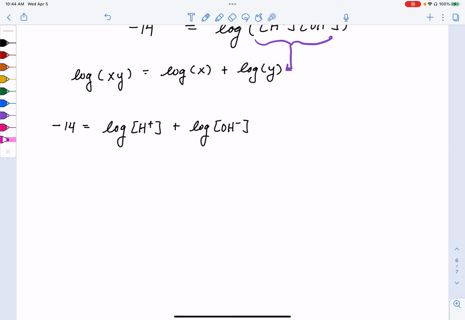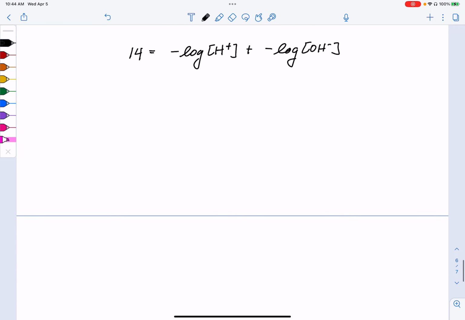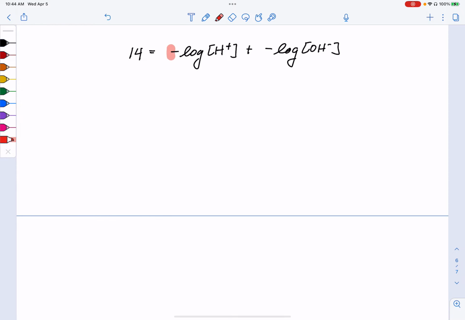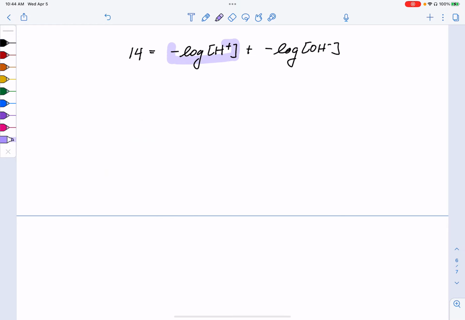And if I get this 14 by itself, meaning divide by that negative 1, then I have 14 is equal to negative log base 10 concentration H plus, plus negative log base 10 concentration hydroxide. Oh, wait a minute. Negative log concentration H plus, this is what you and I call pH.